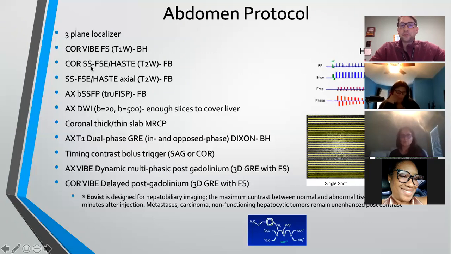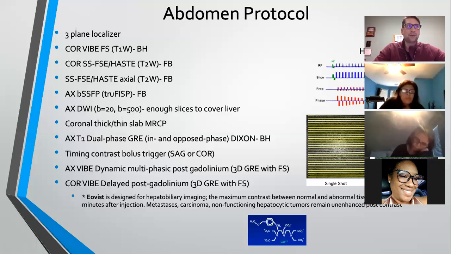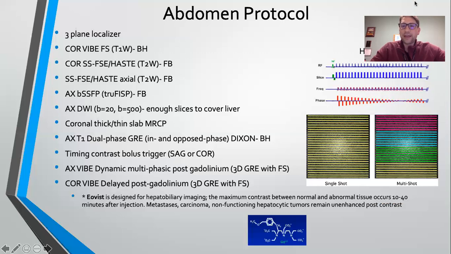A T2 coronal HASTE, and you're like, what is a HASTE? A HASTE is a half Fourier acquisition single shot turbo spin echo. That's kind of a mouthful. But this is the pulse sequence of a HASTE over here. You can see that basically you're filling all the lines of K-space in a single shot, because the gradients are turning on very rapidly.